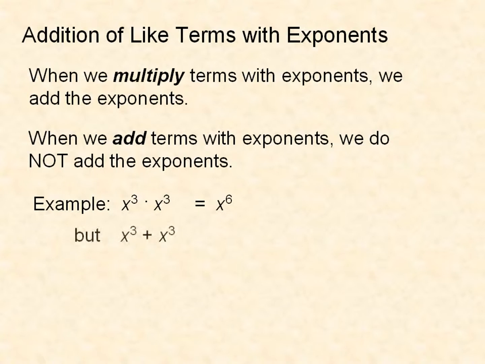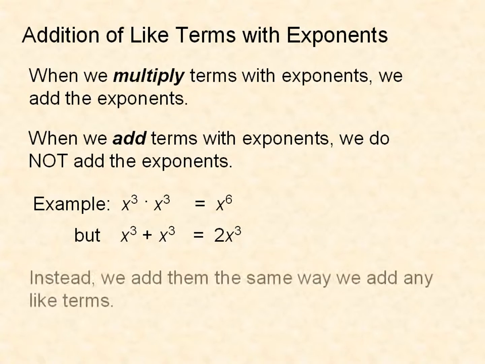But x third plus x third is 2x third. Sort of like an apple plus an apple is 2 apples. So instead of adding the exponents, we add the terms the same way we add any like terms.